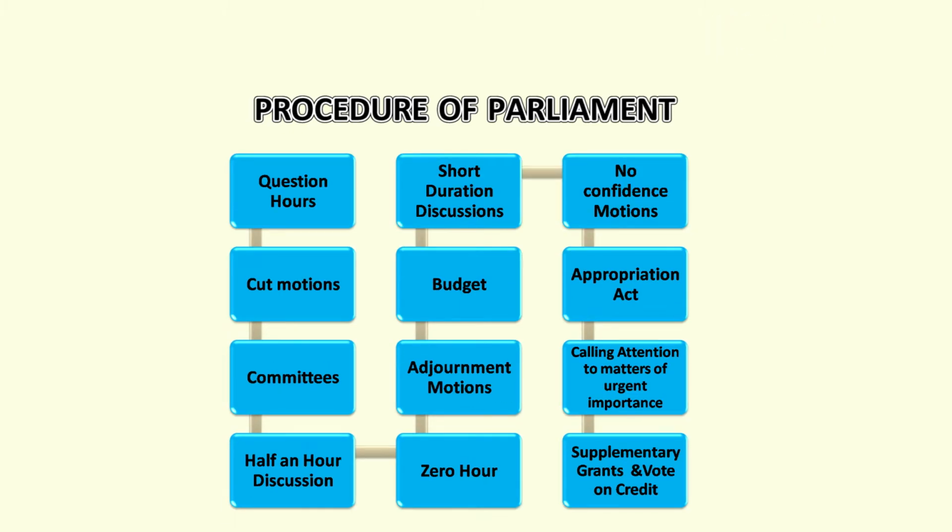The procedure of the Parliament includes question hour, zero hour, half-an-hour discussions, adjournment motions, cut motions, vote on account, Appropriation Act, lawmaking, system of committees, etc. The validity of the proceedings of the Parliament cannot be questioned in a court of law on the ground of irregularity of procedure.